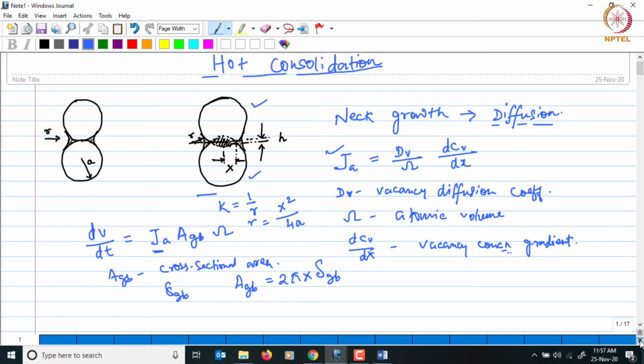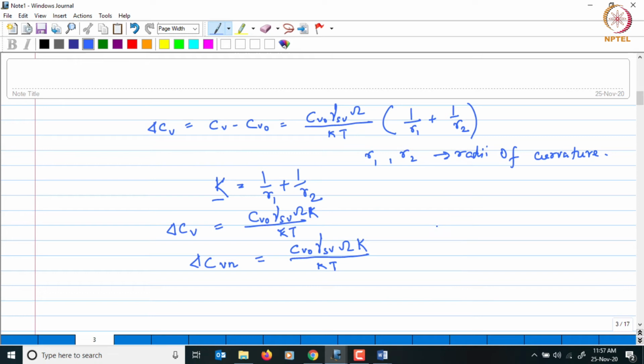So from here we have K equals 4a by x square, where a is the radius of the particles, and therefore delta CVN can be rewritten as this.